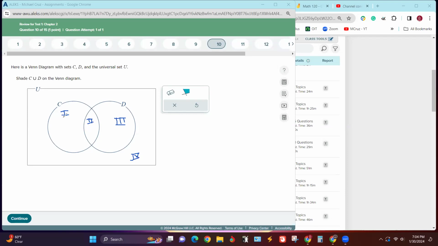So 1 is C only, 2 is both C and D, 3 is D only, and 4 is neither one, outside of that union.